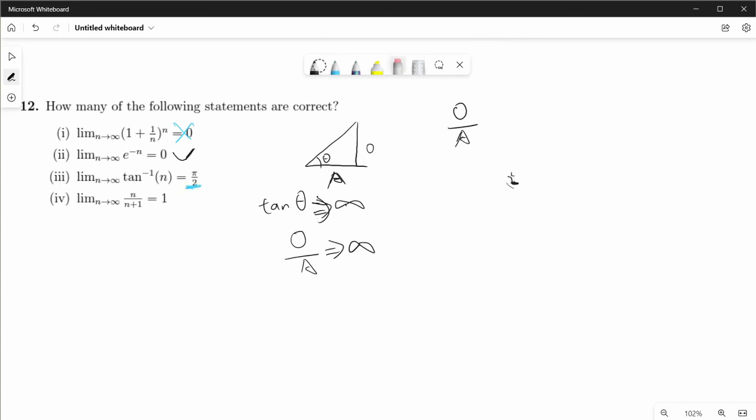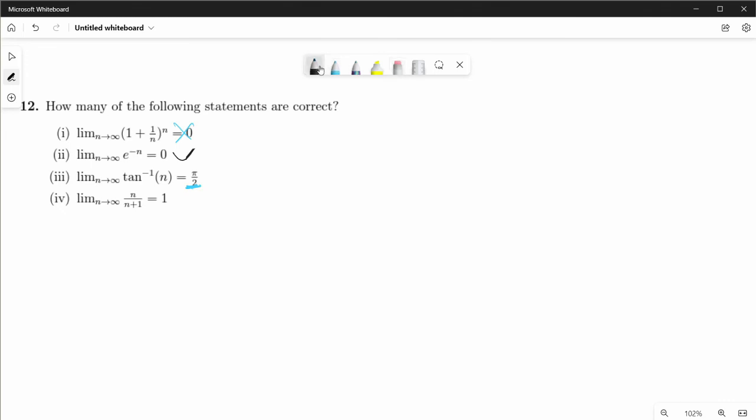But if this doesn't make a lot of sense, another way is to graph tangent. If you know what tangent looks like on the graph, or tangent -1, it's even better. Tangent looks something like this, right? With pi over 2 here and negative pi over 2. Now you can see the inverse.